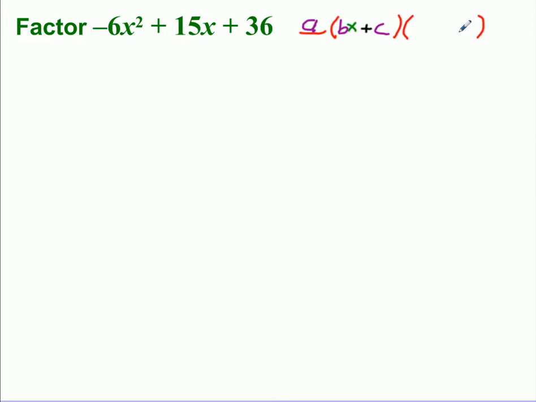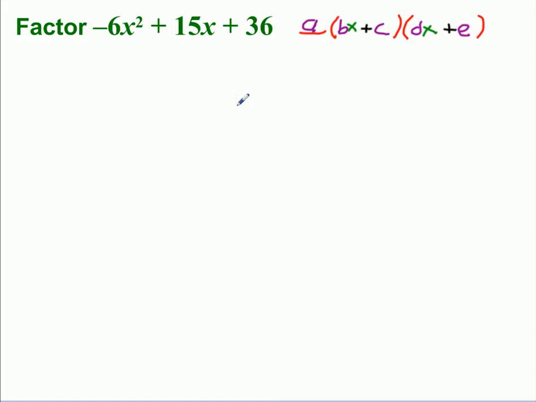And then this binomial is going to be made up of a fourth constant value times x plus a fifth constant value. So figuring out all 5 of those values in our heads can at first seem a little bit intimidating, but there are different processes that you can use to make it a lot simpler, and I'm going to show you one of those.